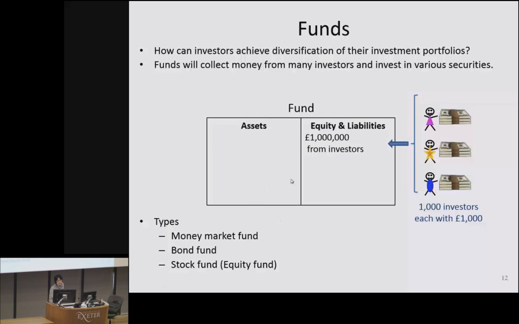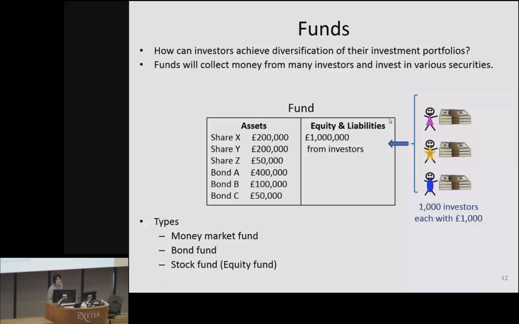is not too small to achieve some diversification. So using £1 million, the fund can acquire a variety of assets: shares of companies X, Y, Z, and bonds of government A, government B, or company C. If you are one of these 1,000 investors, basically you are owning 1,000th of this portfolio.